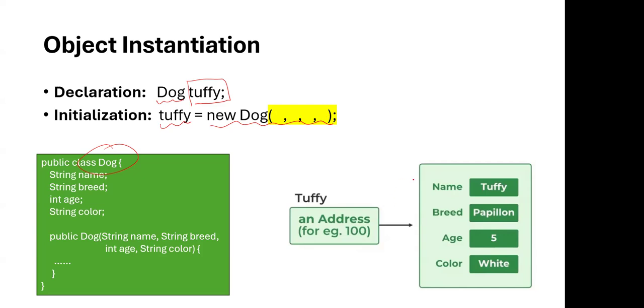And here is the information for Tuffy. Tuffy has the name Tuffy, its breed is Papillion, it has the age 5, and the color for Tuffy is white. So in this case, if we are doing our coding, we have to new a dog with the information to initialize it.